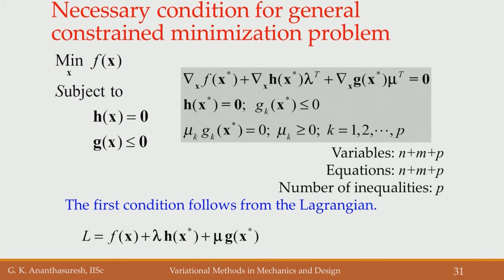So, now we also add these necessary conditions. There are n equations here, m equations here, and p equations there. Additionally, we have these inequalities, and further inequalities here, that the Lagrange multipliers corresponding to inequality constraints have to be non-negative, positive or 0.